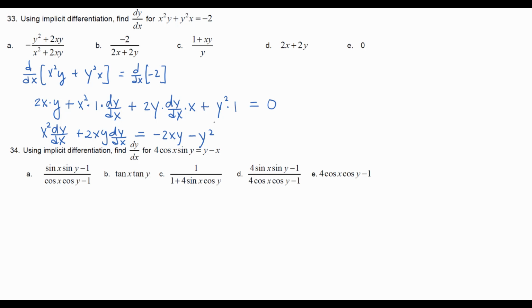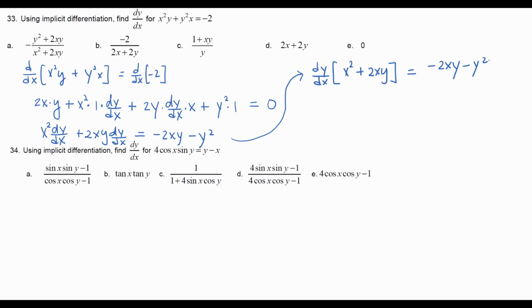Now, the next step is to factor out the dy/dx. So we're going to take out the dy/dx. I get x squared plus 2xy inside of a bracket is equal to negative 2xy minus y squared.